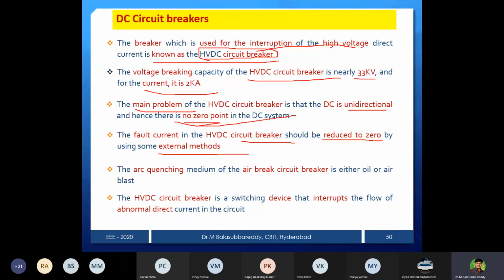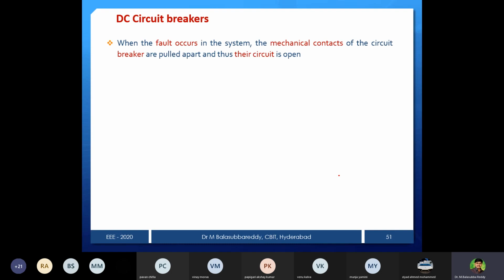This HVDC circuit breaker is a switching device that interrupts the flow of abnormal DC current. So what it has to do is interrupt that abnormal DC current in the system. When a fault occurs in a system, the mechanical contacts of the circuit breaker are pulled apart and the circuit is open.